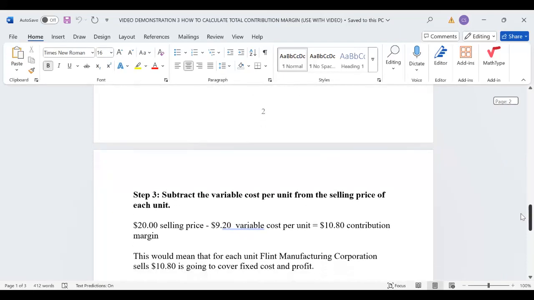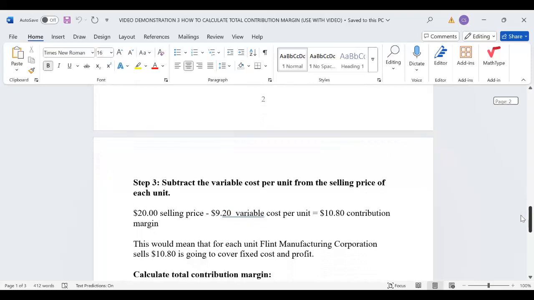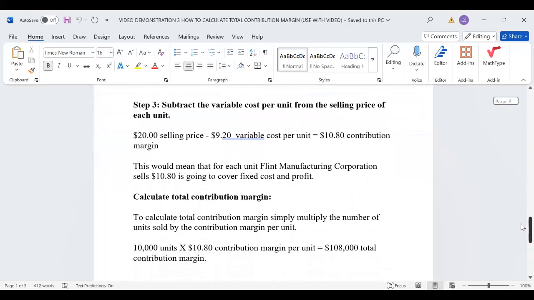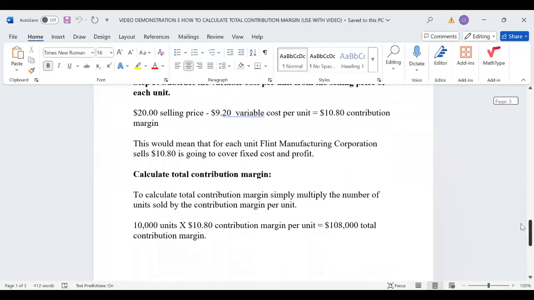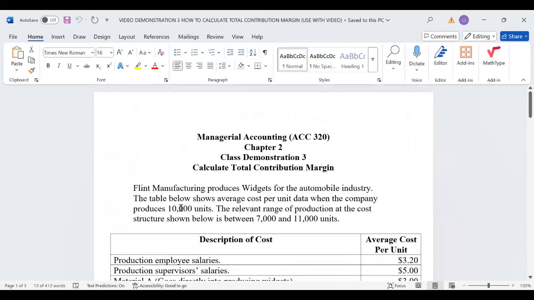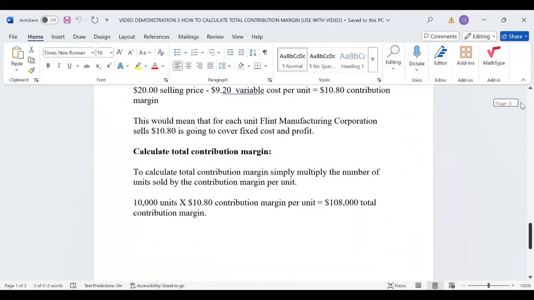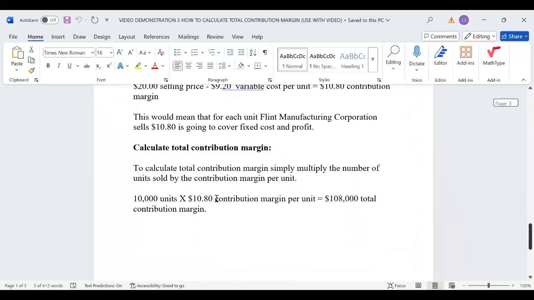Step three is to subtract the variable cost from the selling price. So those first three steps are the same. Step four is calculate total contribution margin. What you would do is multiply the contribution margin per unit by the number of units sold. So based on this information, there's 10,000 units sold. So you'd multiply $10.80 per unit times 10,000 units.